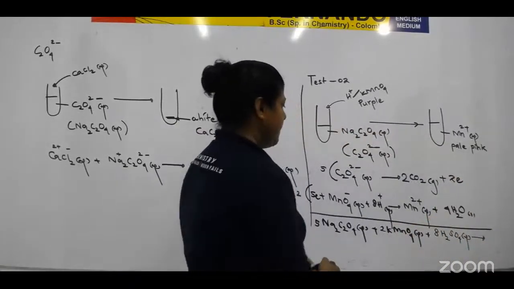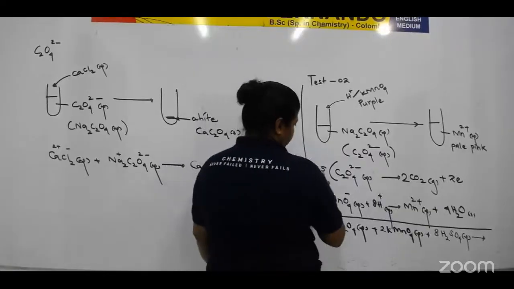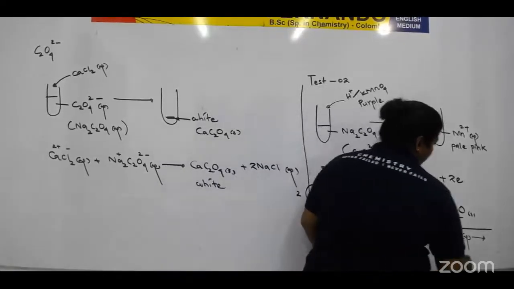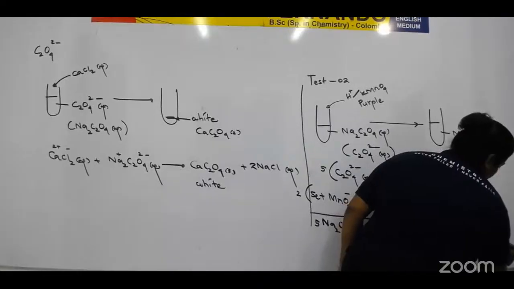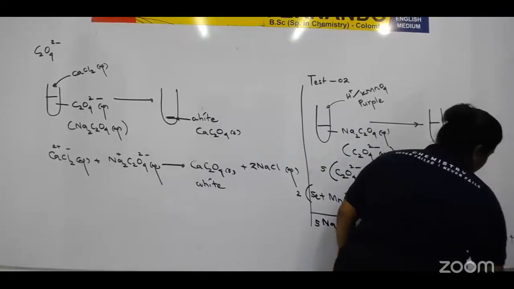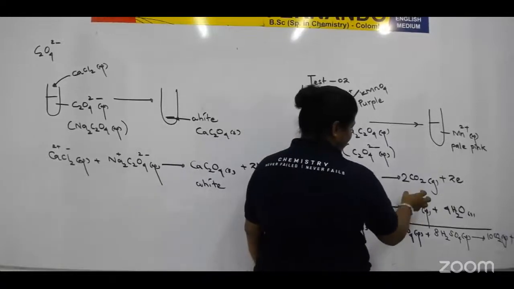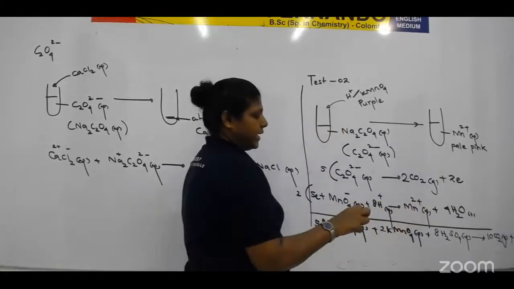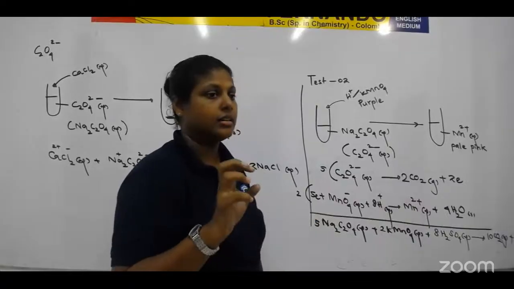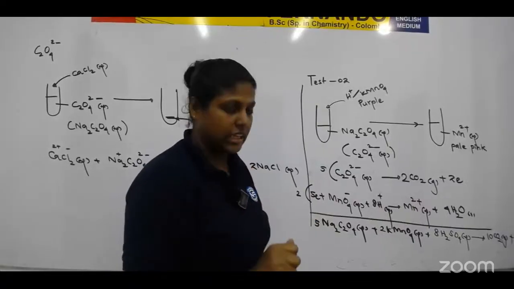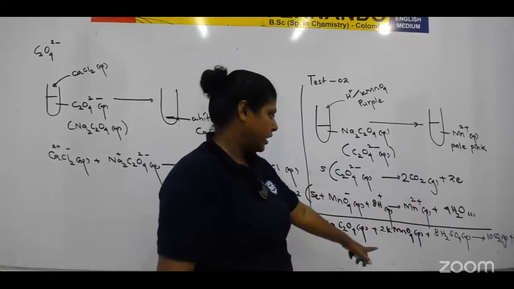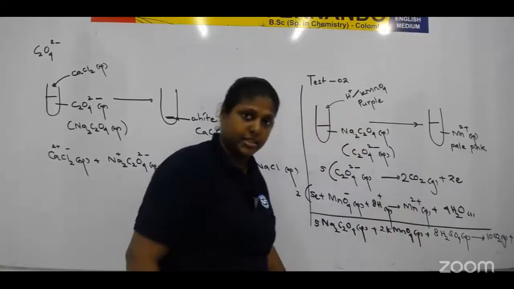Then on the product side, 5 into 2, 10 CO2 gas, a colorless, odorless gas. Then 2 into Mn2+; all the positive charges get balanced to form a compound with sulfate. Initially we have 8 sulfates.